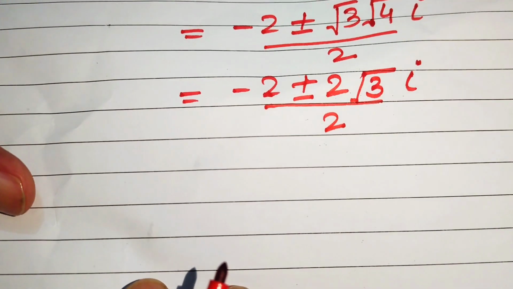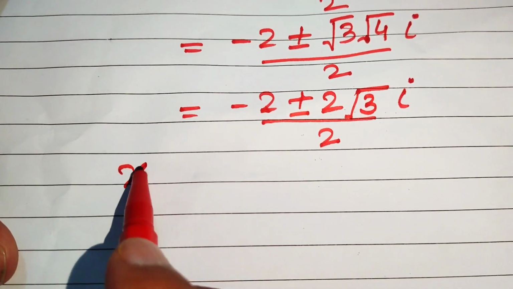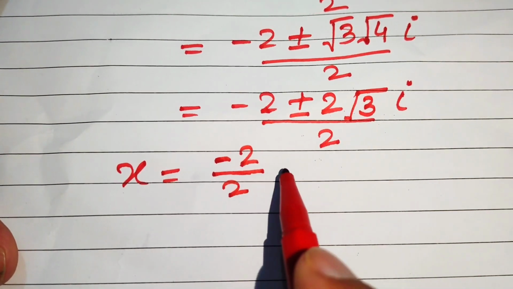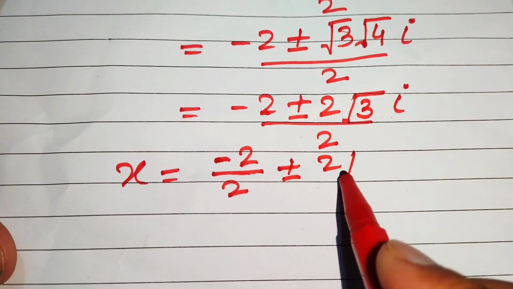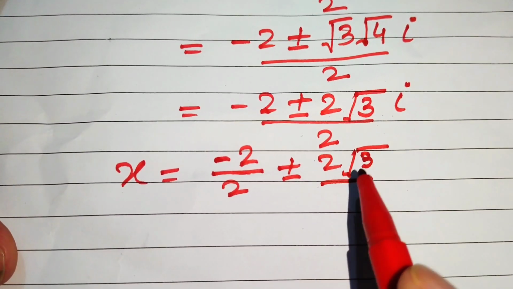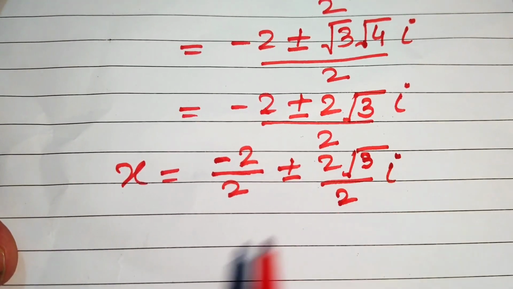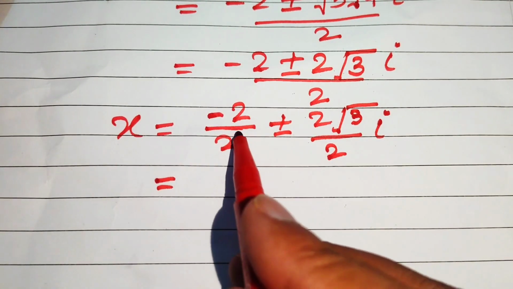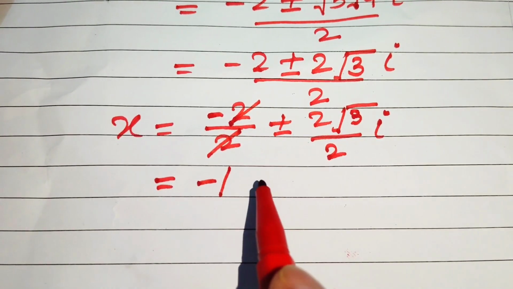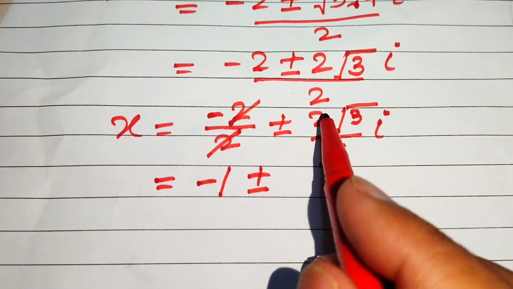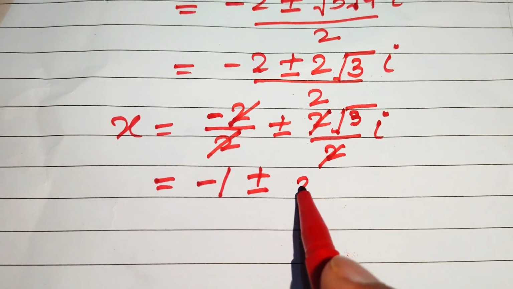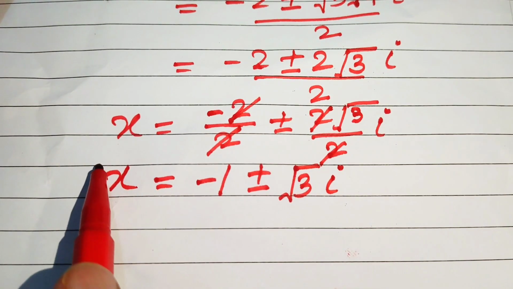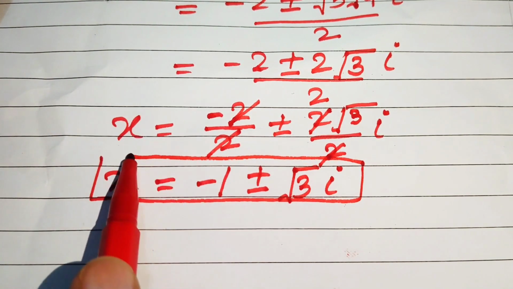Now we separate this fraction: −2/2 ± 2√3/2 times iota. The 2s cancel out, and we obtain −1 ± √3 i. So we have these two complex roots of the given equation.